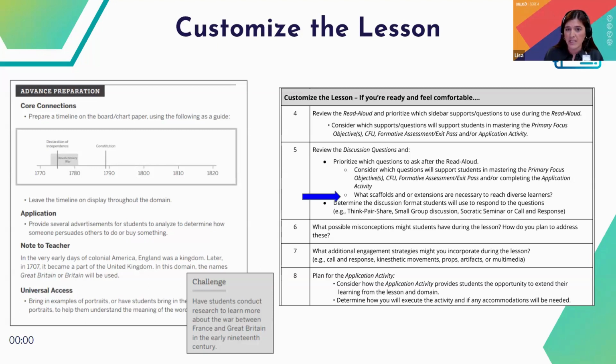As you're going through the lesson and trying to customize, one area to start is by looking through your read aloud and your discussion and seeing if there are questions that, for the purposes of what needs to be done, we don't have to use. You do not have to ask every single question.